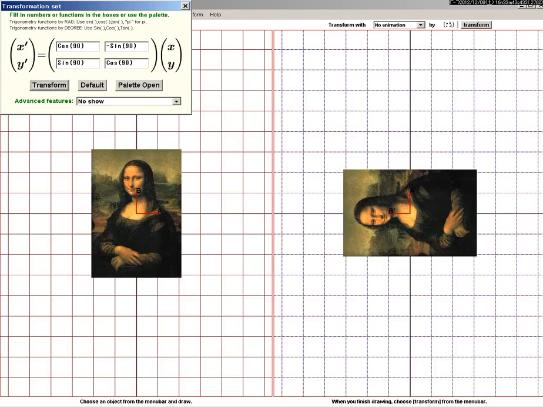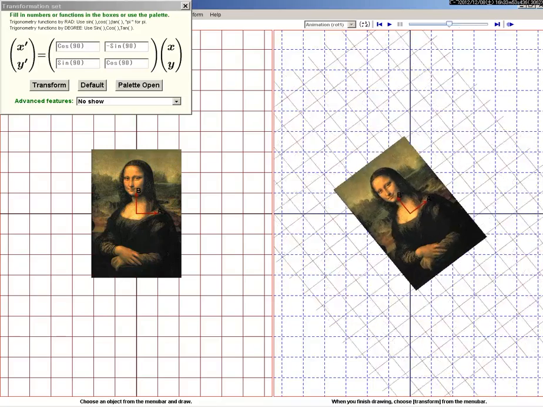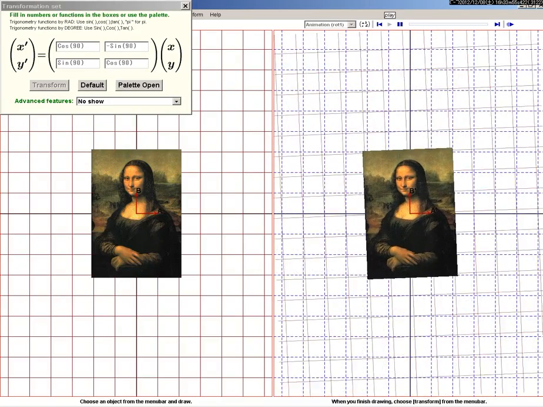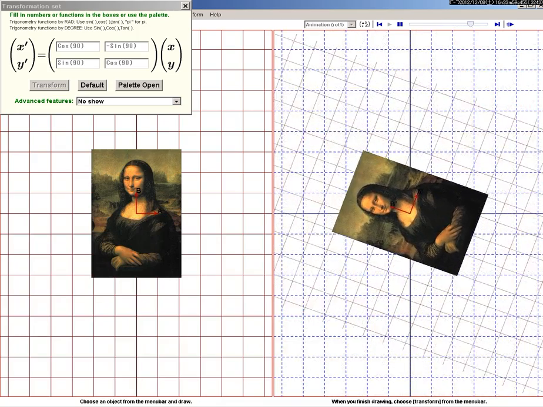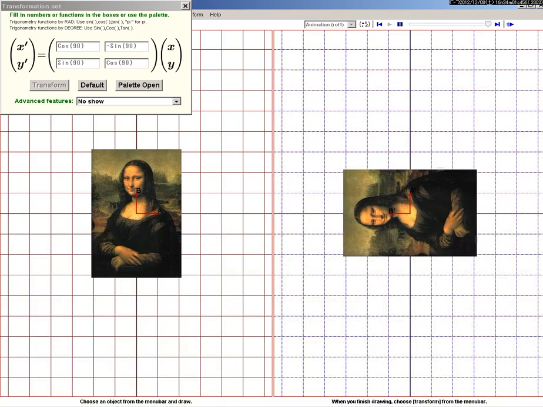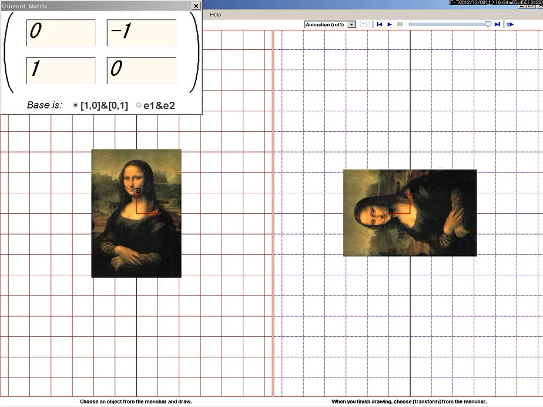So anyway, next I'm going to try an animation. We're going to animate her. Rotation 1 means anti-clockwise. Yeah, so she's really rotating, and it's done by interpolation.